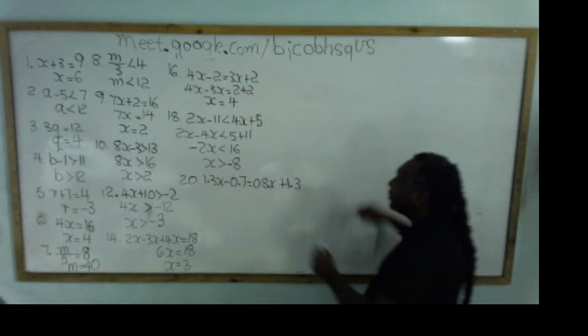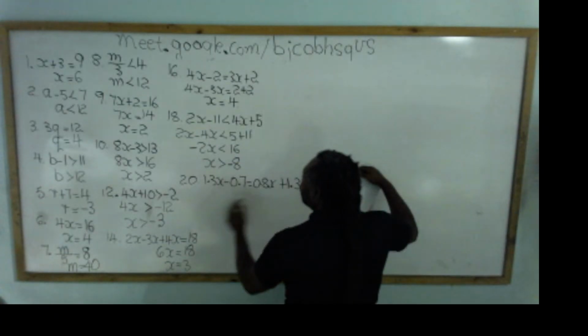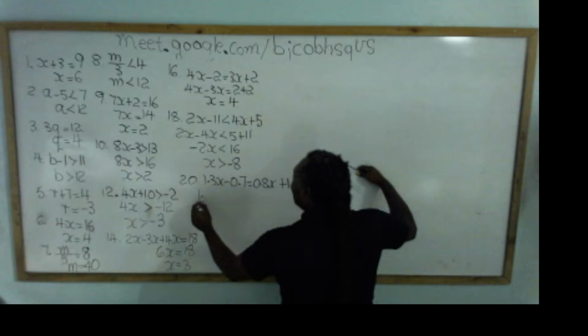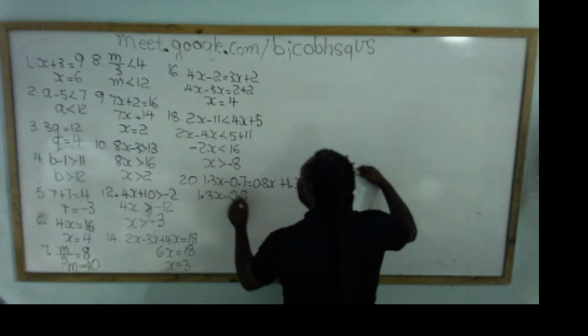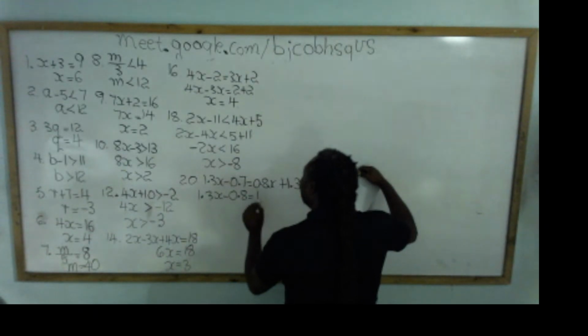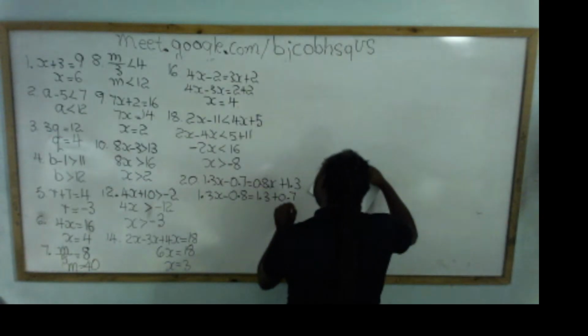So we'll do this. 1.3x minus 0.8x is equal to 1.3 plus 0.7.